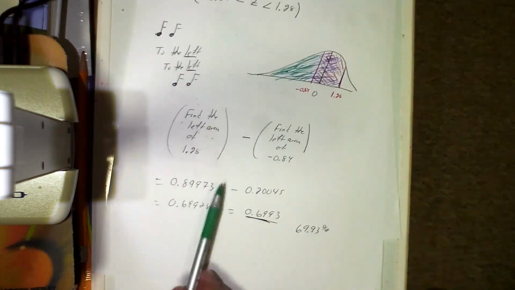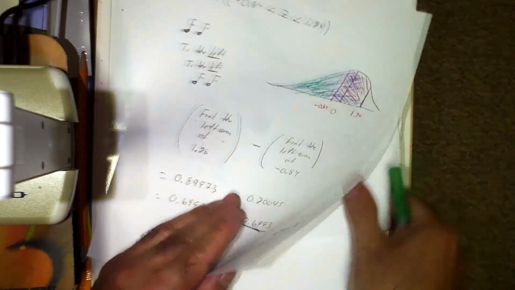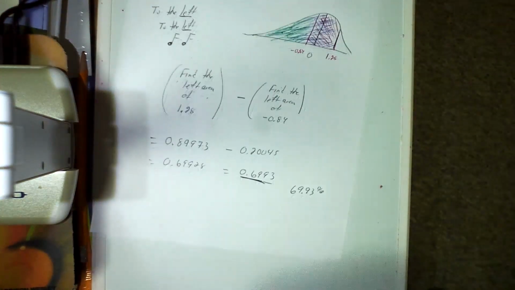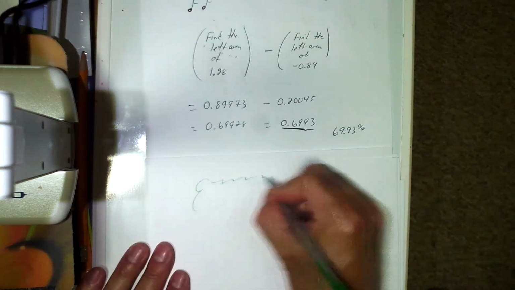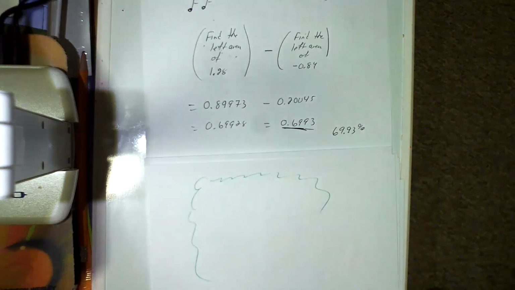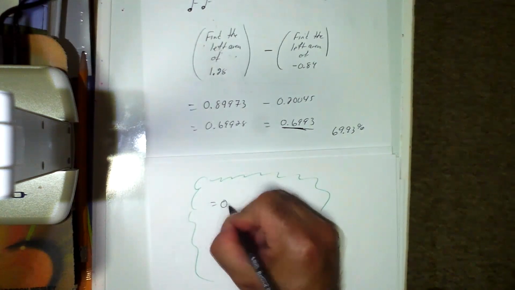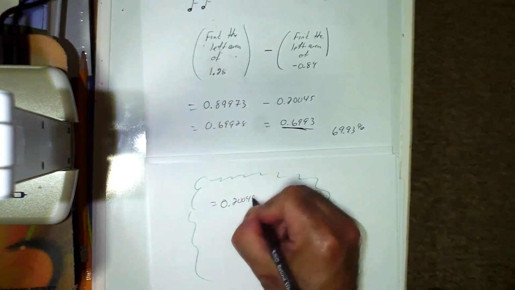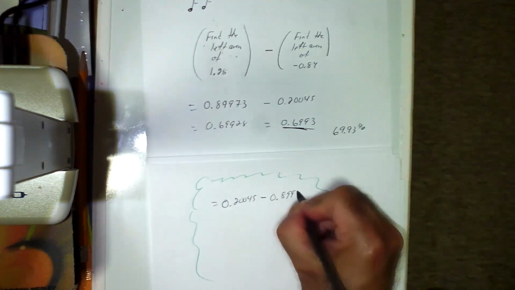Right. Someone's asking me, what happens if I accidentally wrote this number first and then subtracted that number? Well, let's see what happens. What if I accidentally did 0.20045 and I subtracted 0.89973?